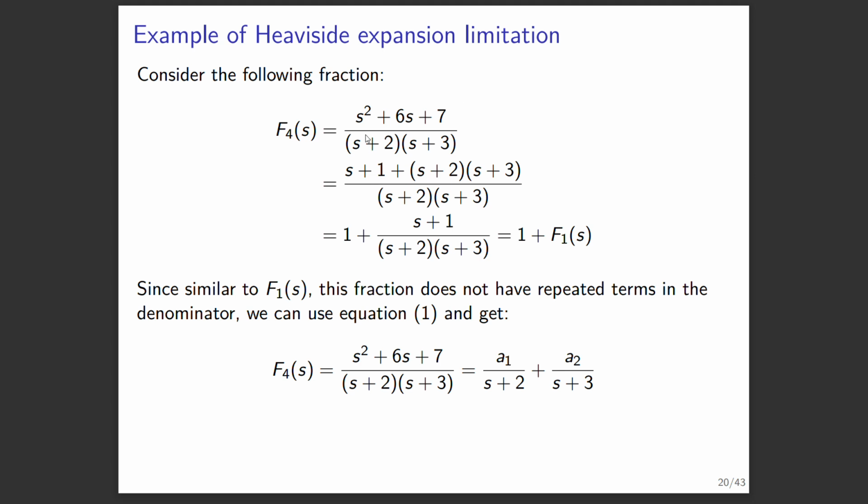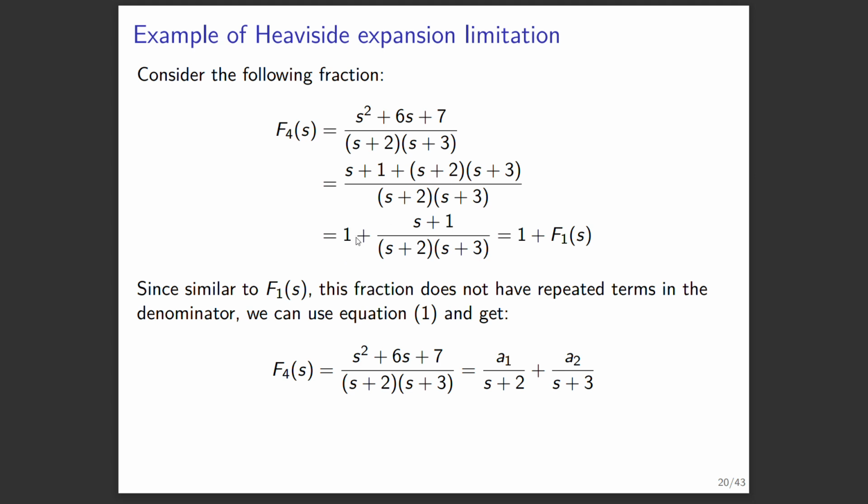If I have s squared plus 6s plus 7 in the numerator, so it's a second degree polynomial, and the denominator is a second degree polynomial too. Let's see what happens. Let's break the numerator into s plus 1 plus s plus 2, s plus 3, and therefore let me take the divisor out.